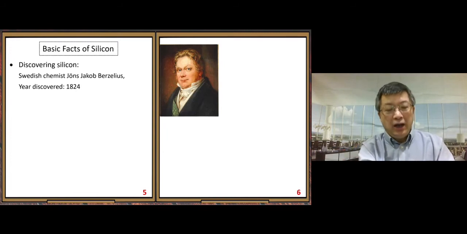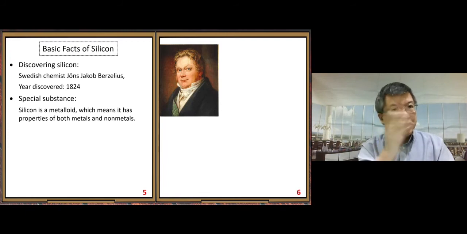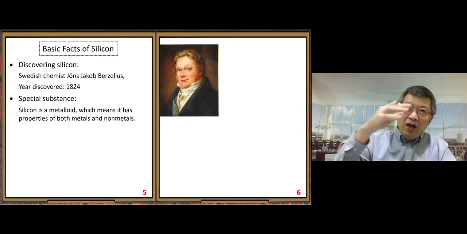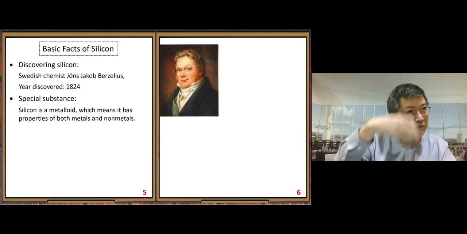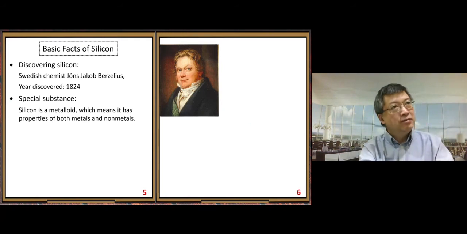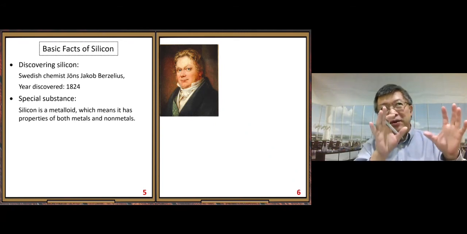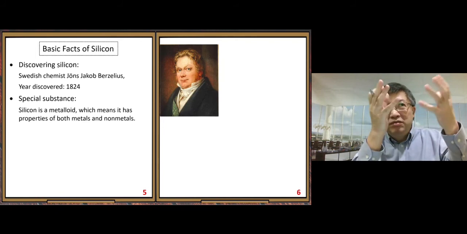And why is this substance so special? Because it has this nice property. It is a metalloid. What is a metalloid? It has properties between metals and non-metals. Sometimes it acts like a metal, sometimes like a non-metal, based on some special condition.